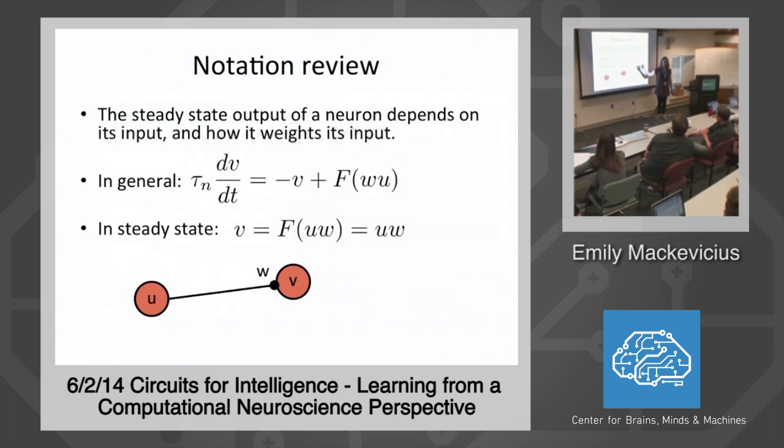In general, it would approach this weighted function of its input with some time constant tau, but in steady state, if dV/dt is 0, then the output is just some function of the input, which often has weights. I'm going to focus mostly on linear neurons, so V is equal to U times W. In general, a neuron will have many inputs, and the output of the neuron is the dot product between the inputs and the synaptic weights.